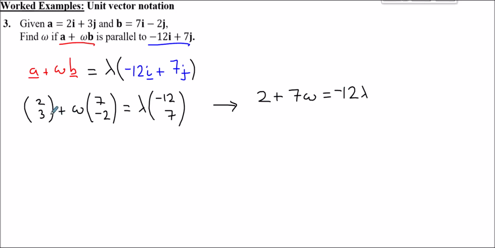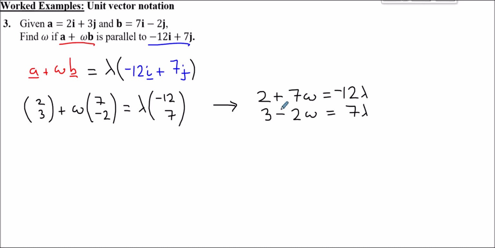Then looking at the bottom numbers, 3 plus omega times minus 2 gives us minus 2 omega, equals lambda times 7. In other words, that's 7 lambda. So actually what we've got here is two simultaneous equations which we can solve.